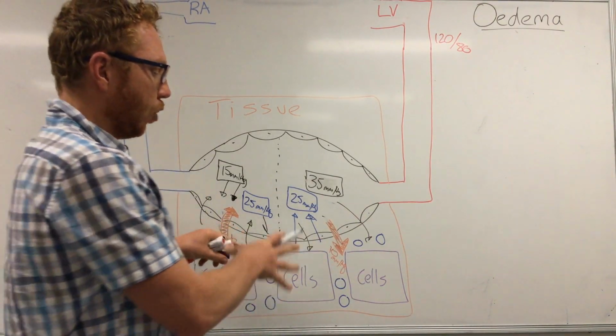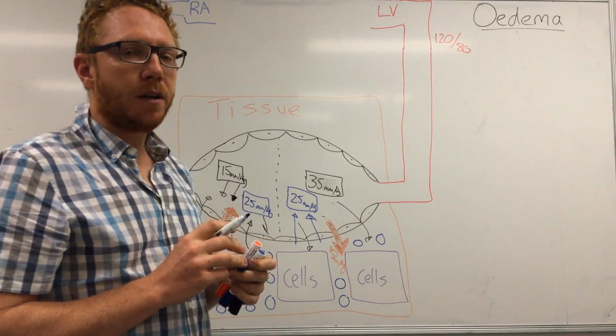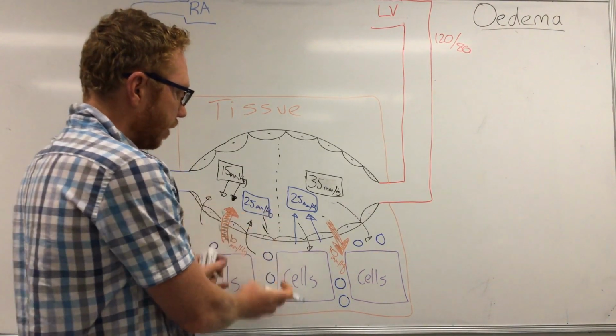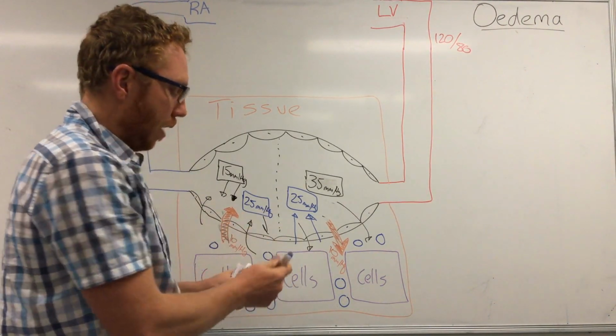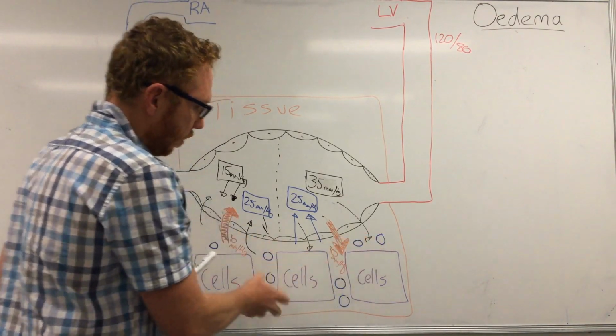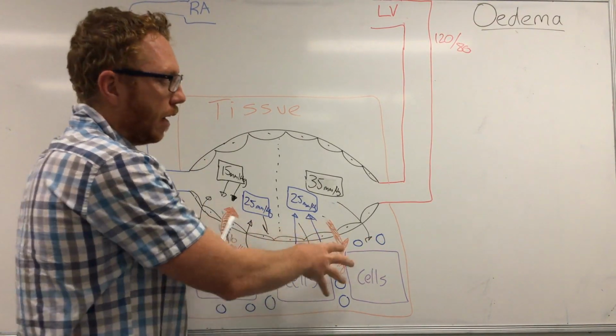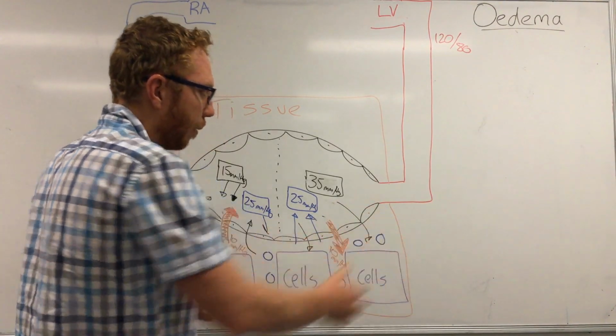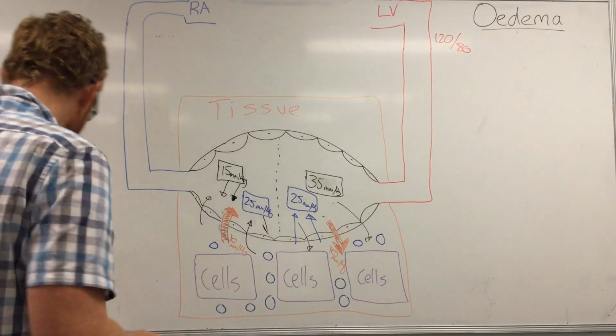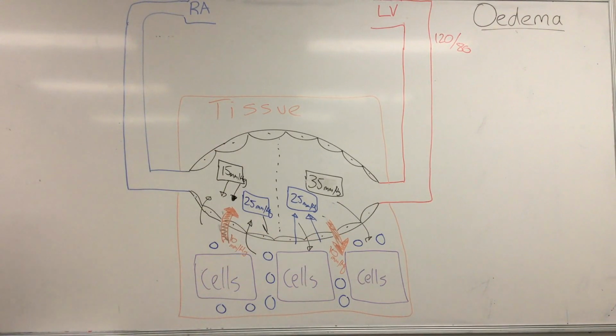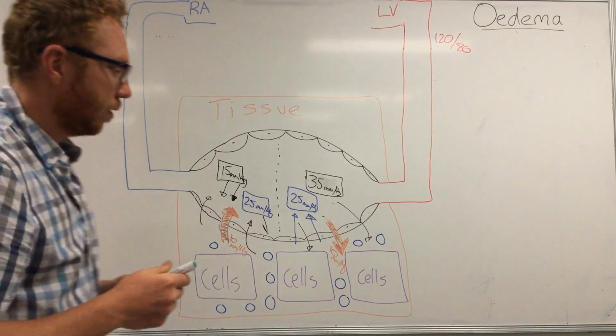Now with that increased amount of plasma proteins, fluid can get sucked into that as well. So if this wasn't taken out of the tissue, fluid would be retained and stay in there, which would cause all this to swell up. So we've got another system that helps to drain it, and that's the lymphatic system.